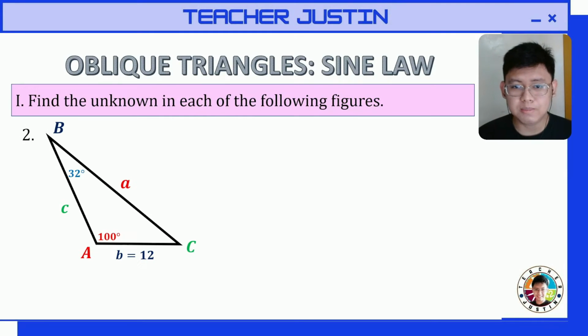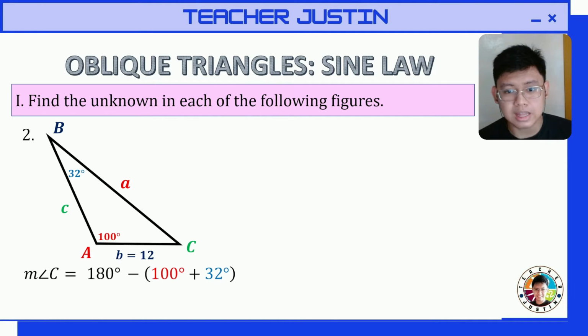Alright, let's have this item. Let's solve for the missing parts of this oblique triangle. Looking at our figure, given tayo ng dalawang angles and we're given one side. Now, ang first step natin is for us to complete the interior angles. So we have here 100 and 32, tapos nawawala si angle C. Now, to find angle C, we will be subtracting 180 degrees and the sum of the given angles.